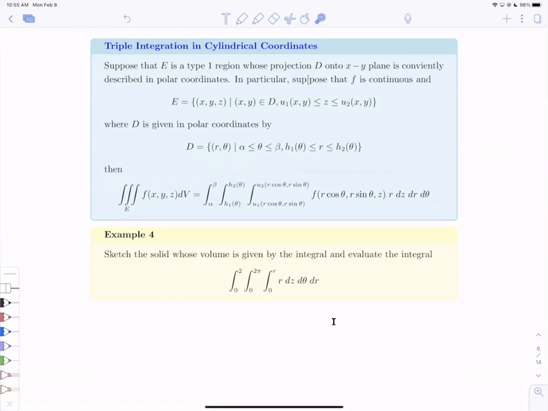Let's look at an example. I want you to sketch the solid whose volume is given by the integral and evaluate the integral. Okay, try this.